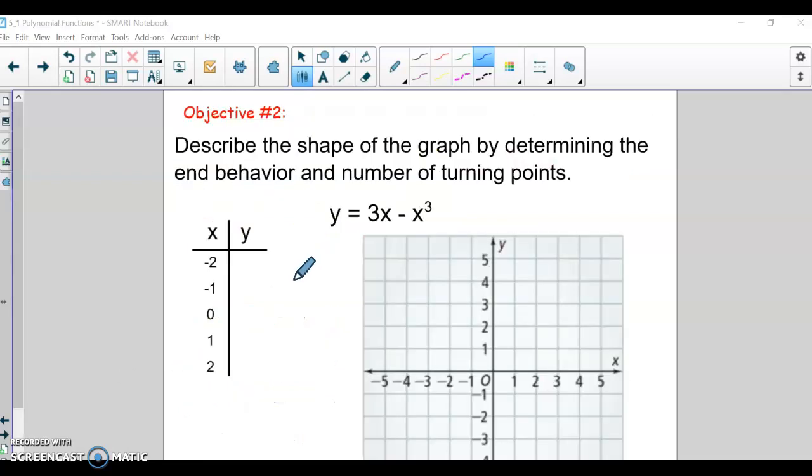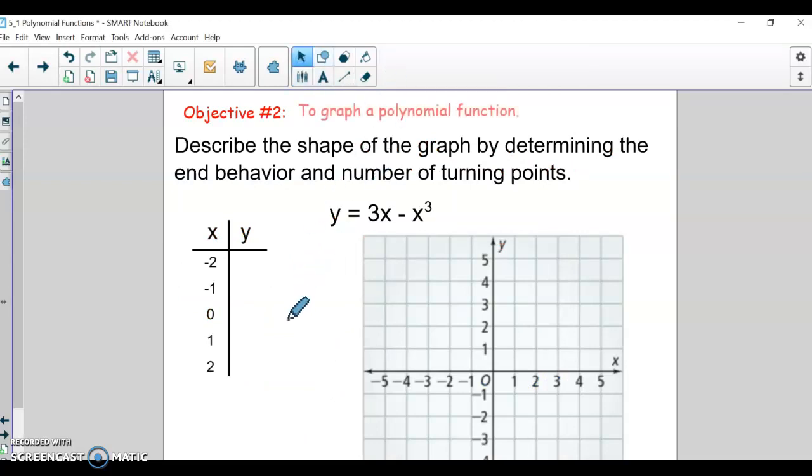Okay, so next up, the second part of this objective, a minor objective because we're going to do this more later in the chapter, but we want to just get the basics of graphing a polynomial. Why I think this is not that important is we're not actually going to do a table of points or anything like I might say in the book. We are just going to use our calculator.